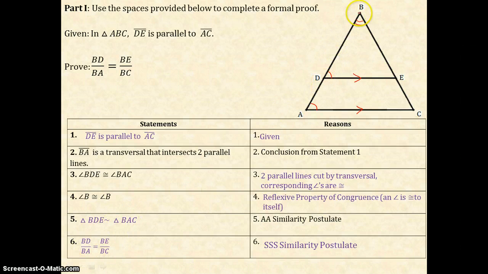So as long as we're doing sides that correspond, like BD over BA, that's the side between the two congruent angles, and then BE over BC, and that's the sides on the other side. As long as they're corresponding like that, then we're good.